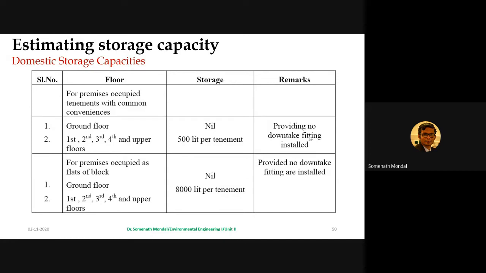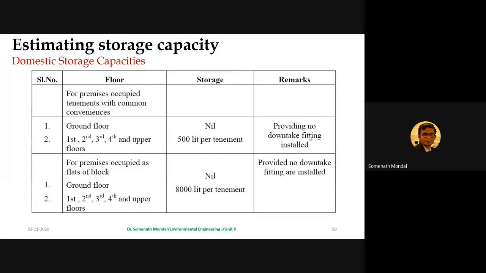That is why the storage required increases from 500 to 8,000. In this case also the remark is that no downtake fittings are installed, so we are not talking about any accessories apart from the main storage.